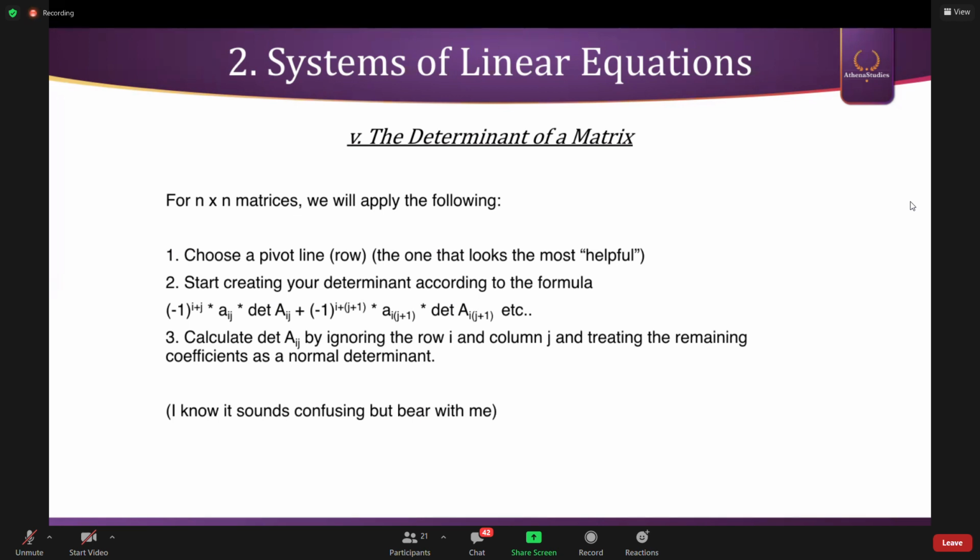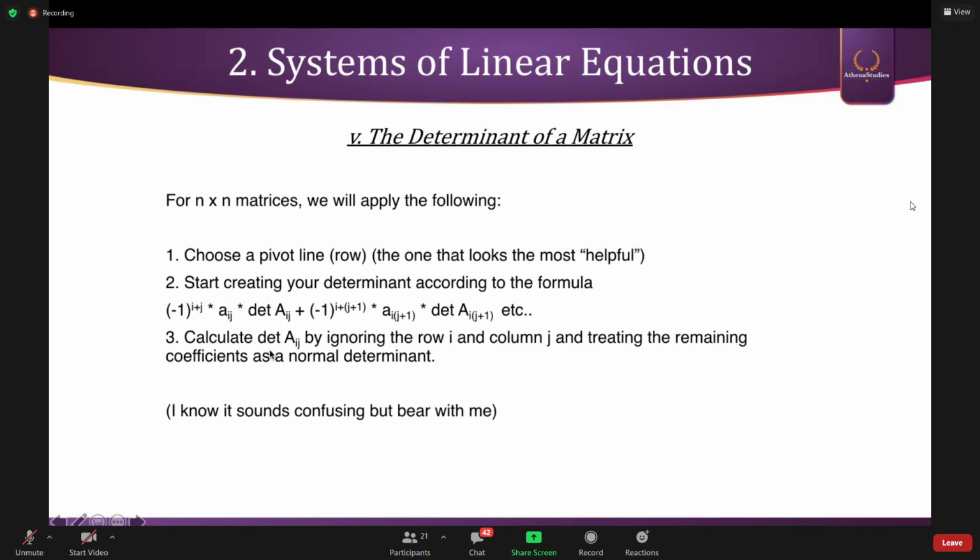You will start creating your determinant according to this formula, which right now doesn't make sense, so I'm not going to explain it. I'll explain it once we're doing the exercise. But there is a formula that you apply in order to create your determinant, in which this A represents the position of the line, your pivot line, and these I plus J represent the indices of your position.